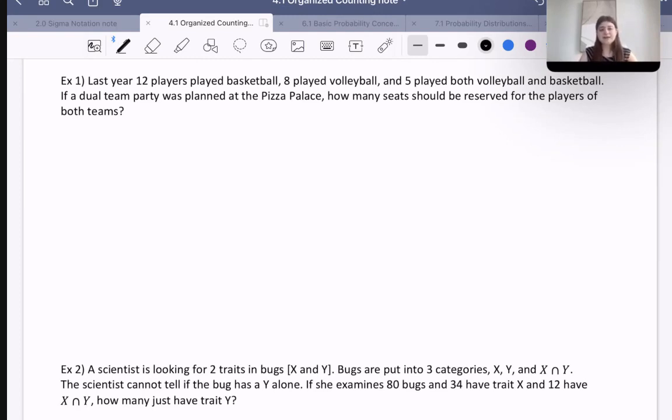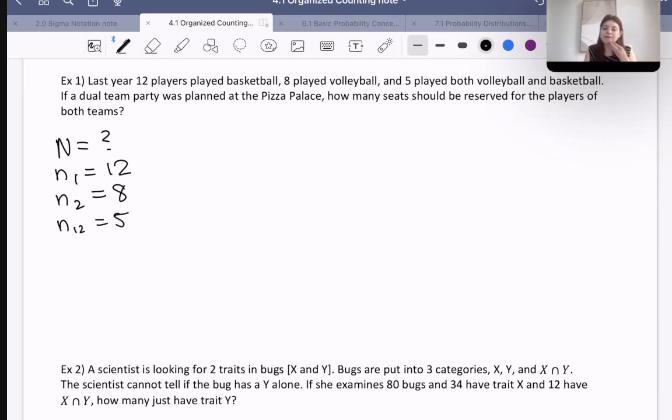So I can say, well, the number of people total is what we want to figure out. The number of people in group 1, n1, is equal to 12. The number of people in group 2 is equal to 8. And the number of people in both groups is 5.